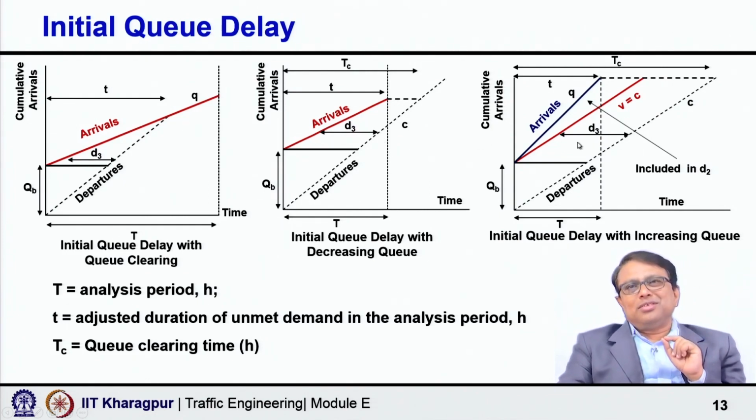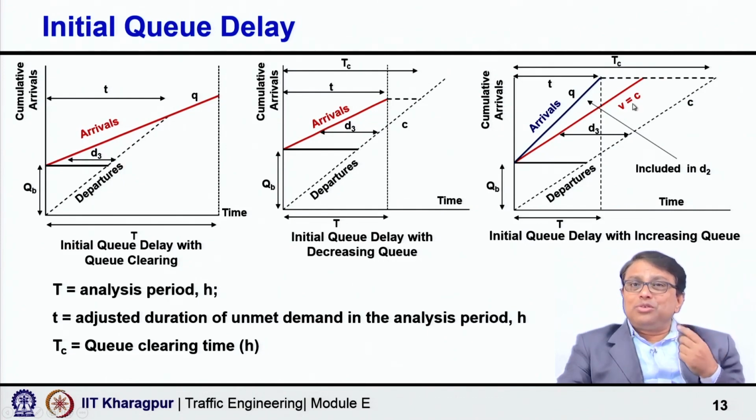Now, go to this extreme situation, where the arrival rate during this whole analysis period T is significantly higher. Forget about this QB, with this arrival rate itself, all the vehicles which are arriving during this analysis period cannot be cleared, because the arrival rate is even higher than the departure.